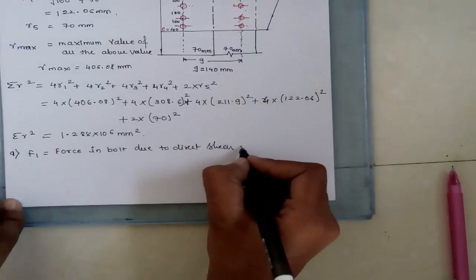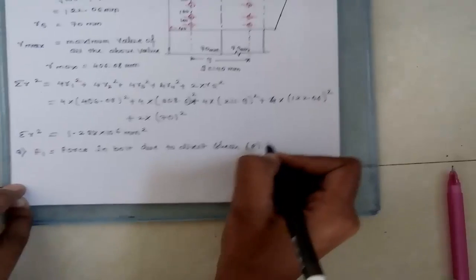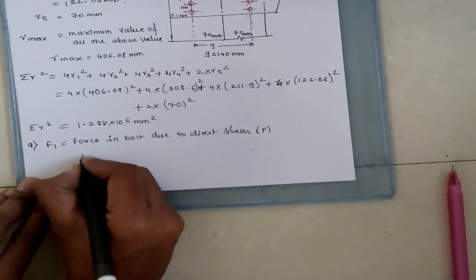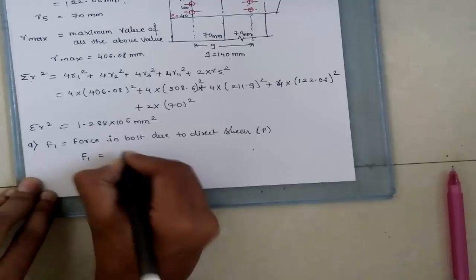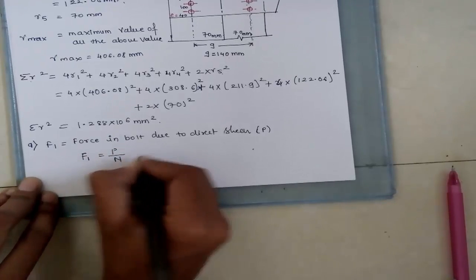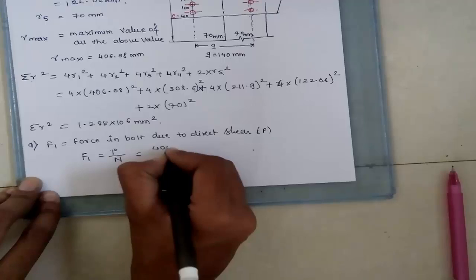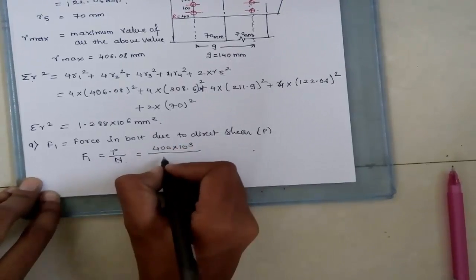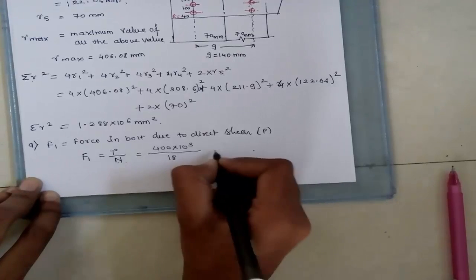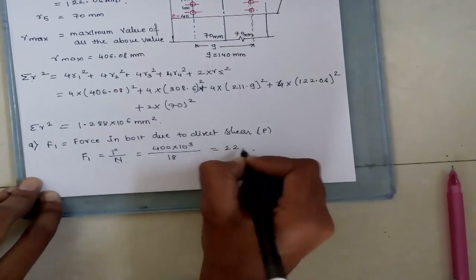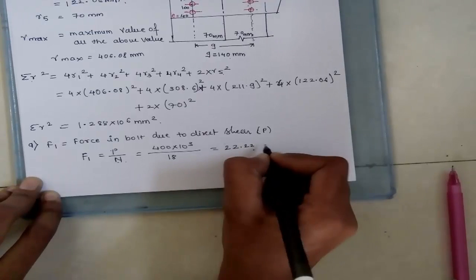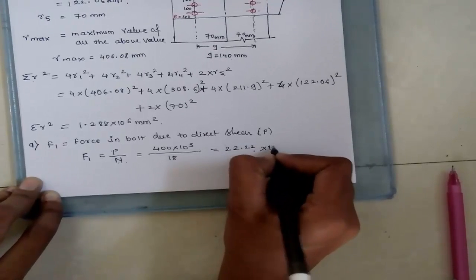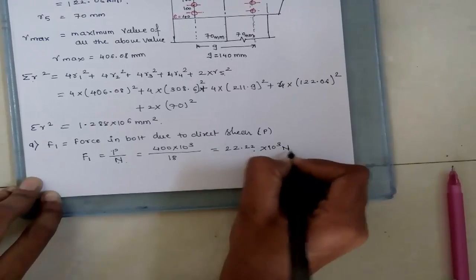This direct shear is denoted by P. For this the formula is P upon N. That is, the load is 400 into 10 to the power 3 upon number of bolts in 2 rows, 18. After that, 22.22 into 10 to the power 3 Newton.